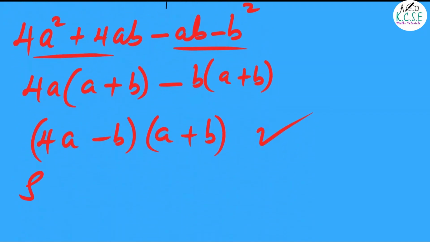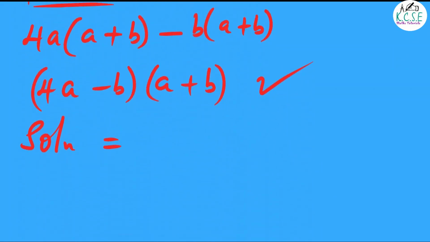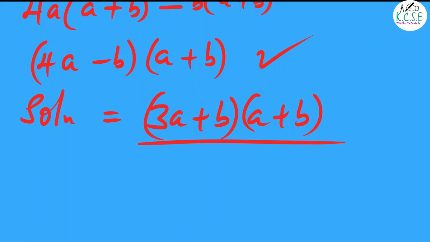Therefore the simplified solution will be the numerator (3a plus b)(a plus b), divided by the denominator, which is (4a minus b)(a plus b).